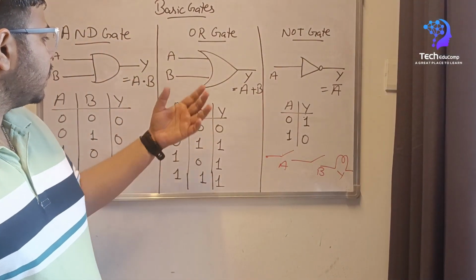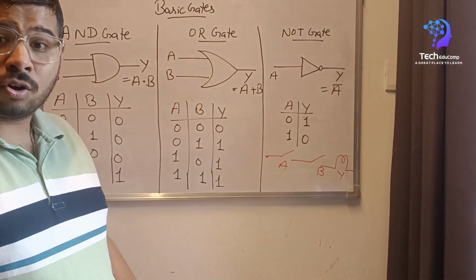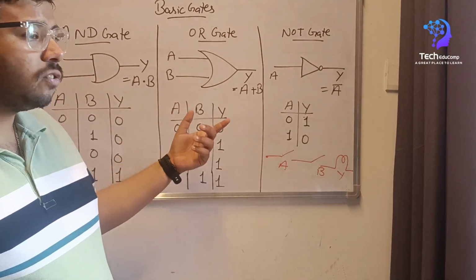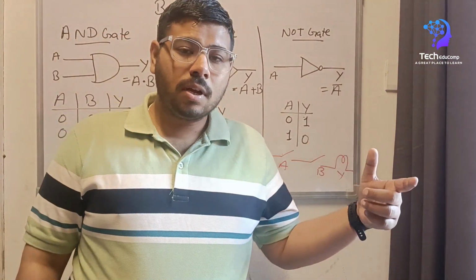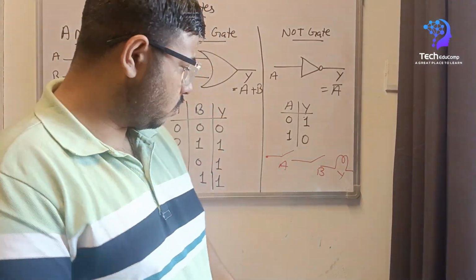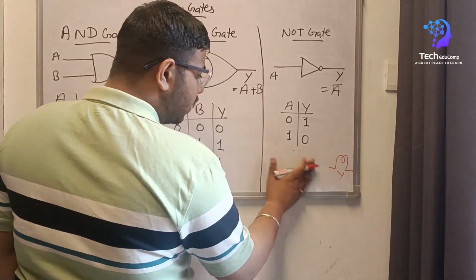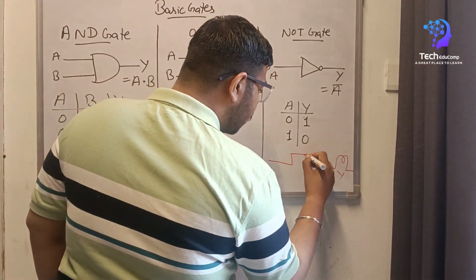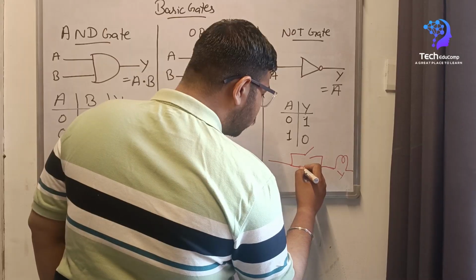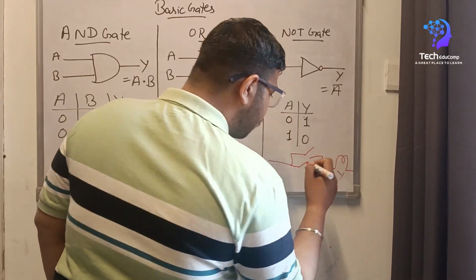Next is the OR gate. In the OR gate, if any one of the inputs is true, then we have the output. If I talk about the analogy, we have two switches, A and B, both connected in parallel.